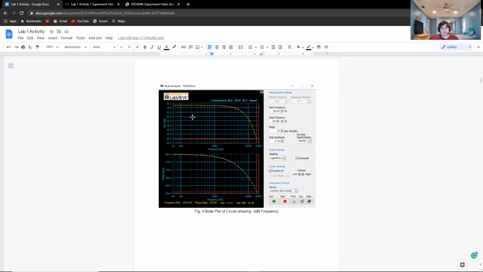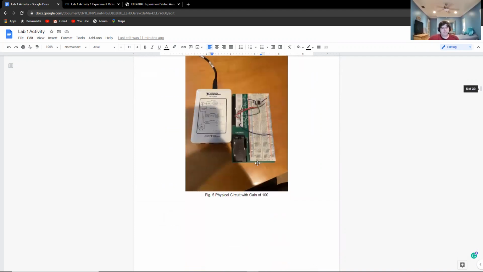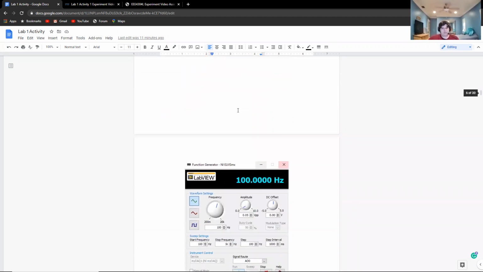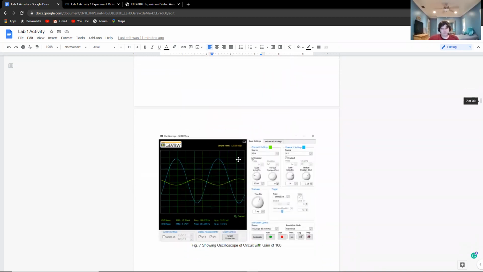So here is our Bode plot, where we can see the minus 3 dB frequency at 17,571, pointed right here. This is the Bode plot going downwards. Then the process is repeated by changing the resistor value to match the gain necessary for the experiment. That is continued throughout this first portion.